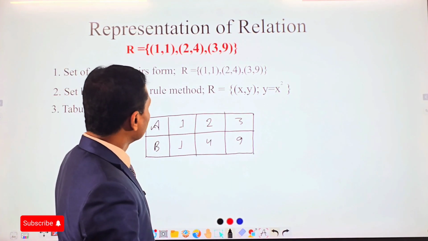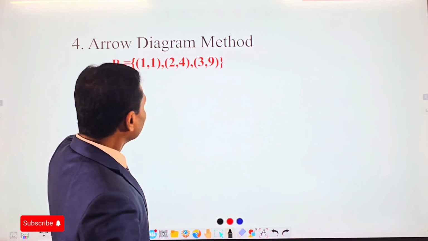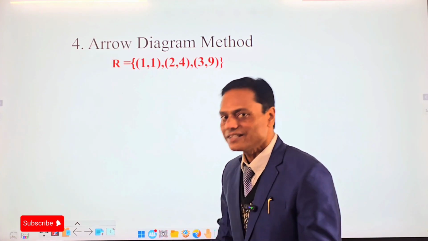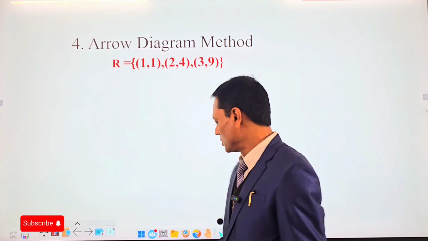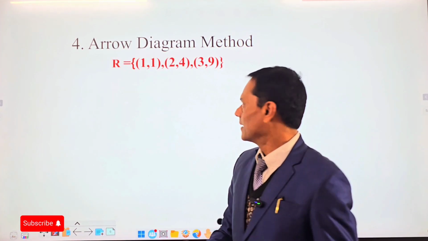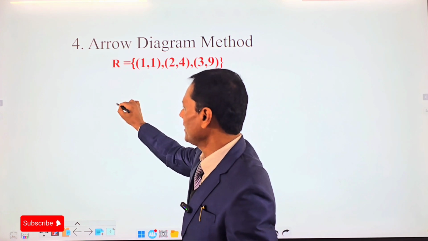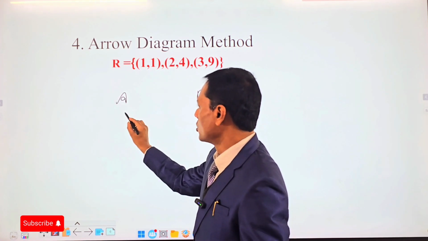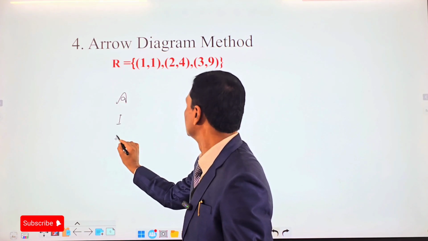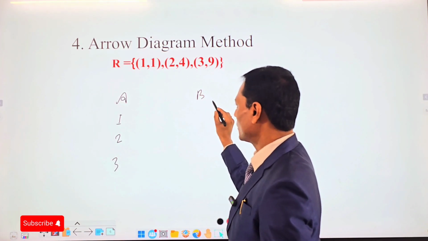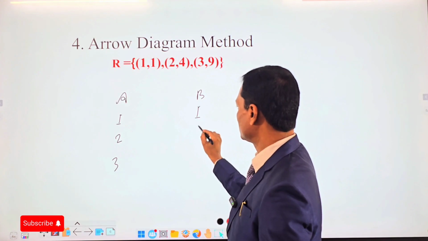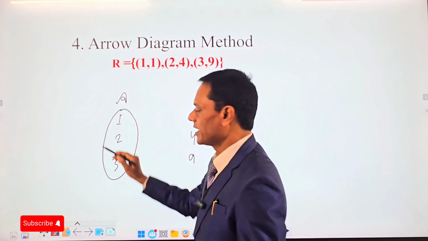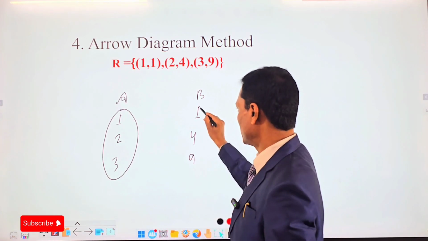Now the next part is the arrow diagram method, right? So how to represent the given relation in the arrow diagram? First of all we have to write A, then B, then all the domain 1, 2, and 3, and all the range 1, 4, and 9, and we enclose them in ovals, right?